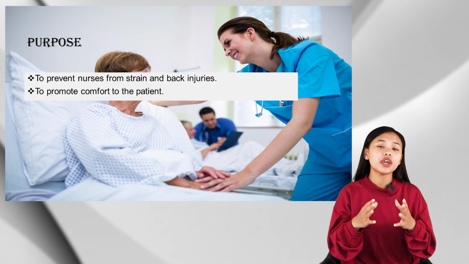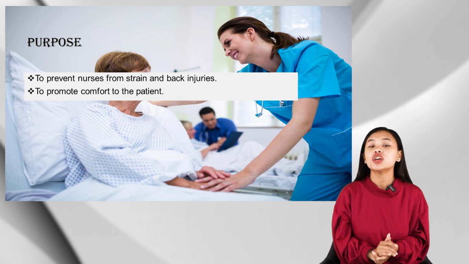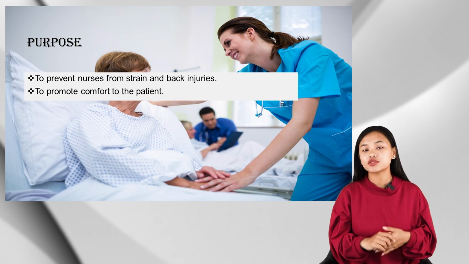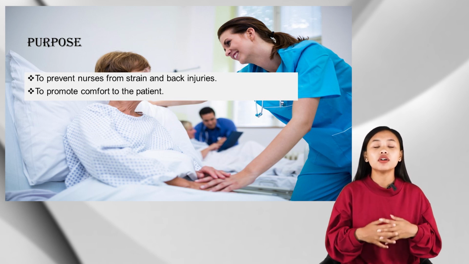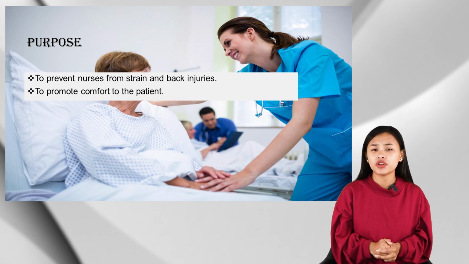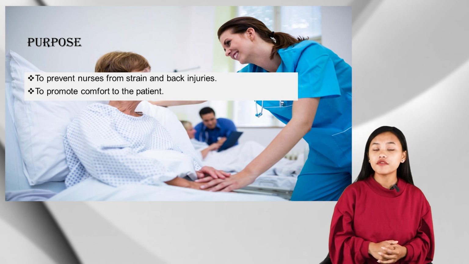As we discussed in our previous session about body mechanics, if the nurse uses proper body mechanics whenever they are performing any activities for the client, then it also helps to prevent any strain or back injuries. And the last is to promote the comfort of the patient. So these are the four purposes of why we help the client in moving or even in transferring if they do not have the necessary energy to do so.